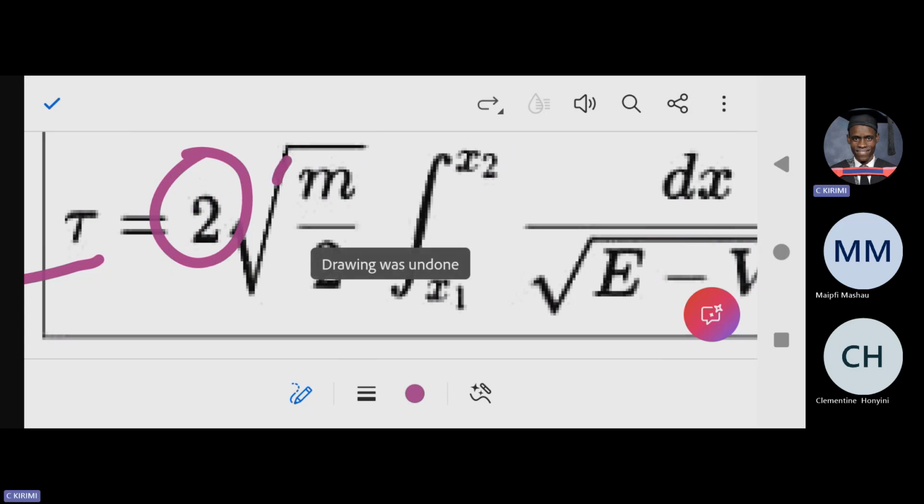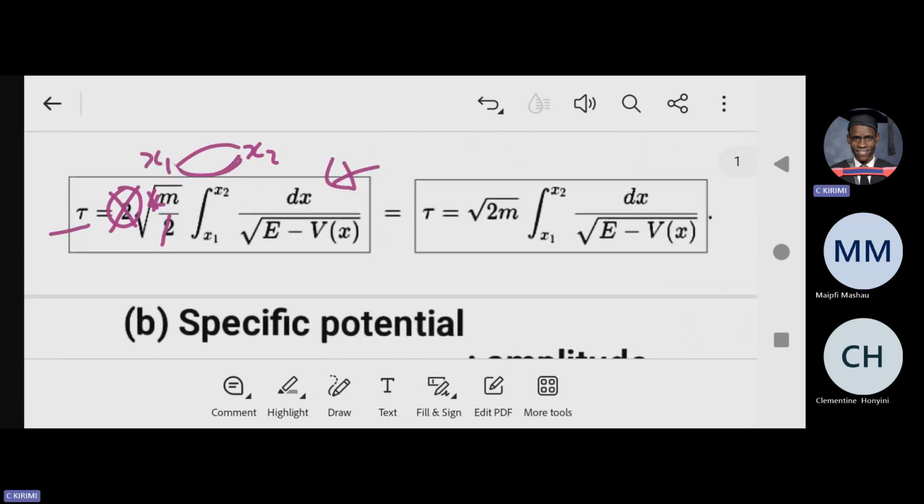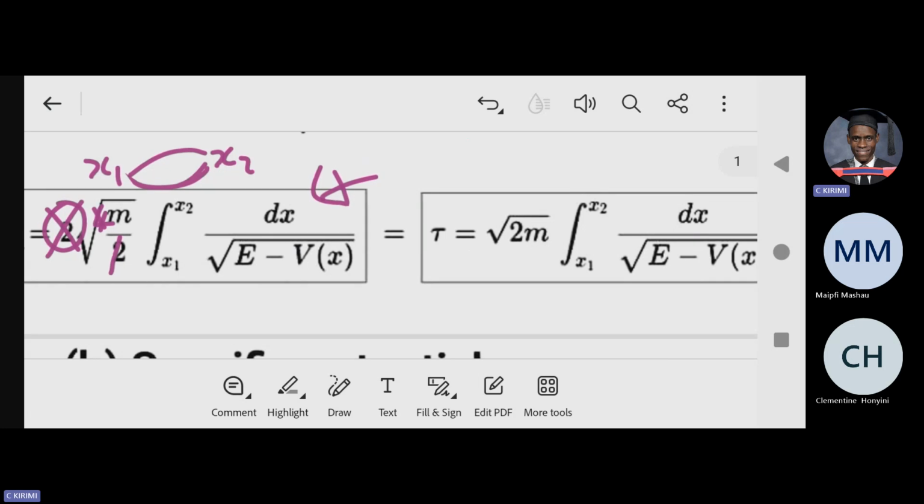If I put it inside, it's the square root of 4m over 2. Then 2 goes into 4 how many times? 2. That's why here it has been simplified to the square root of 2m, because we've already divided.